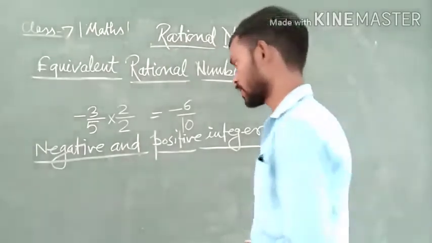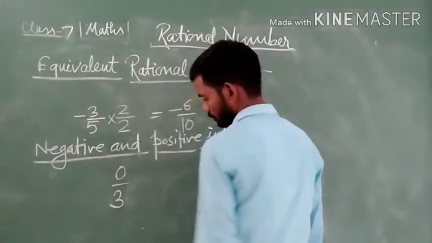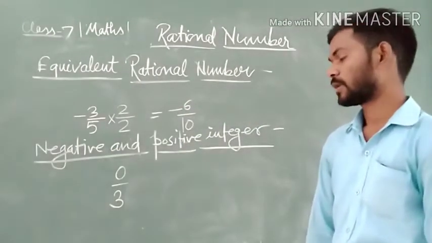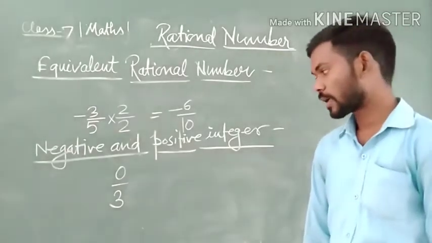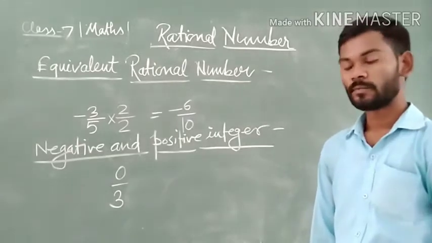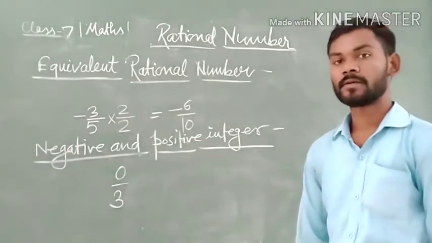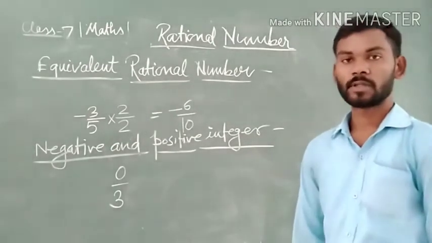Okay? So if I write 0 upon 3, it is a rational number, but here we cannot say that it is either positive or negative, because 0 is an integer and 0 is neither positive nor negative.